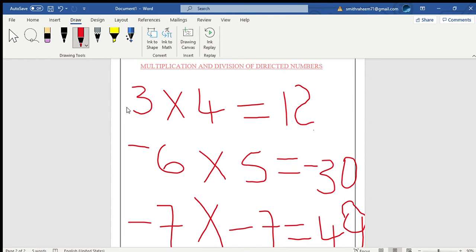The 4 is positive and the 5 is positive, and the 7s are negative. The 4 is positive, and the 12 is positive.